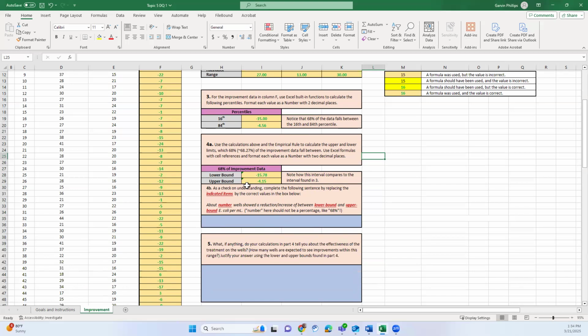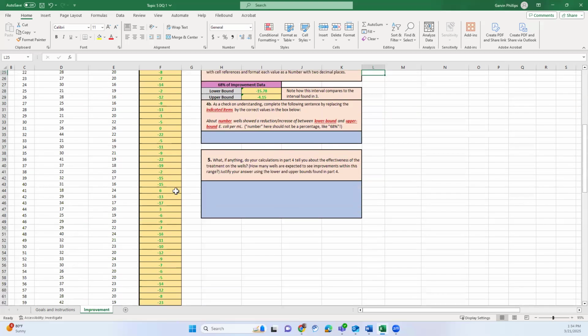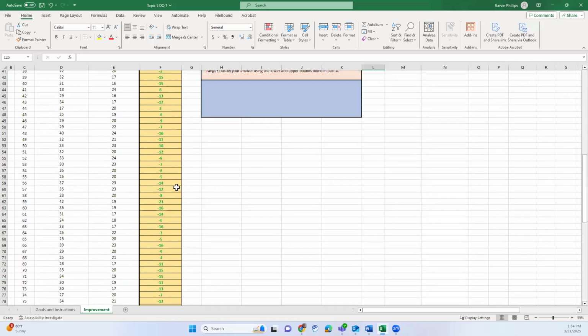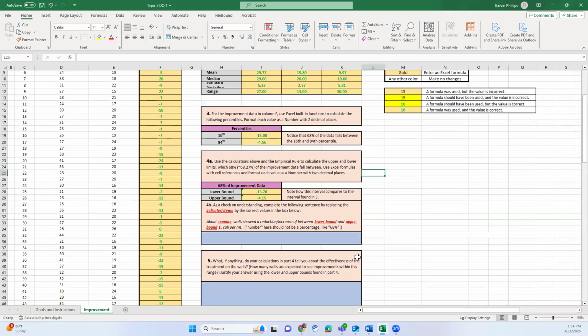This means that 68% of my, oh, what was it? 117 wells. So 68% of my 117 wells improved between 15 and 4 E. coli per well, right?